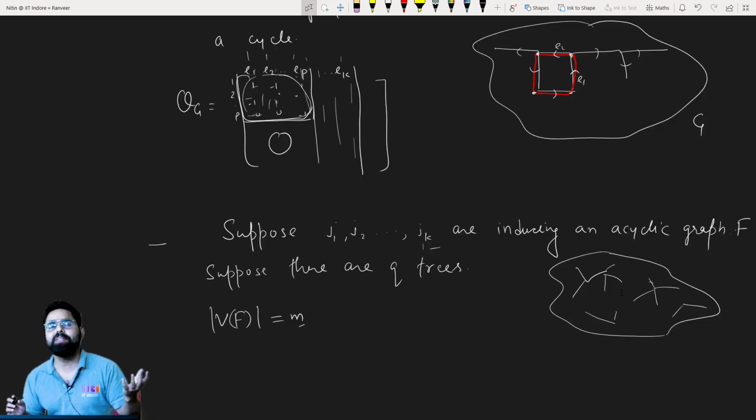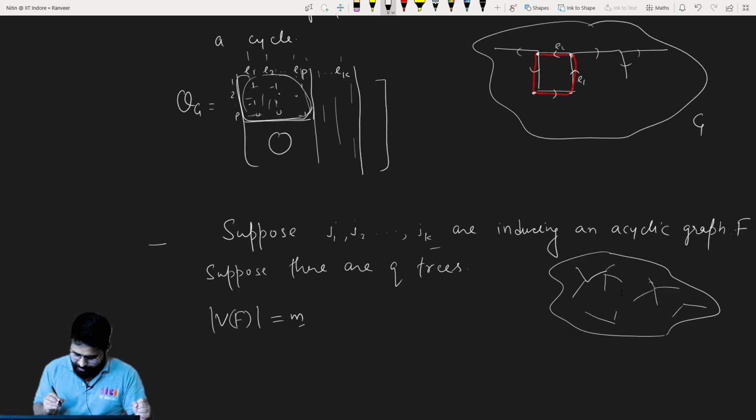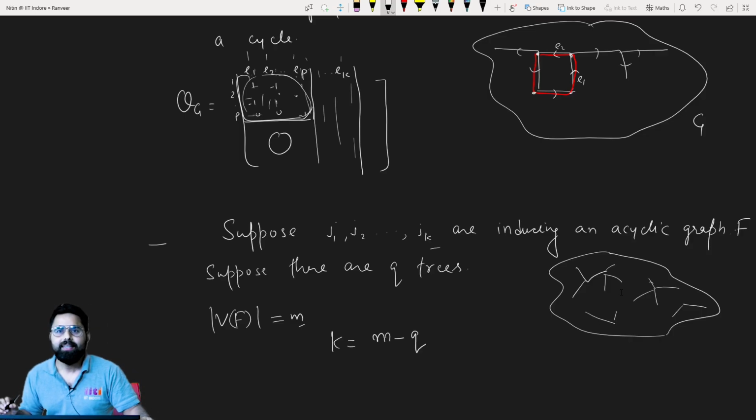Remember, if there are n vertices in a tree, how many edges will you have? n minus 1. All these are individual trees, so K equals M minus Q. Out of the total number of vertices, you remove the number of connected components, or trees, which gives you the number of edges.